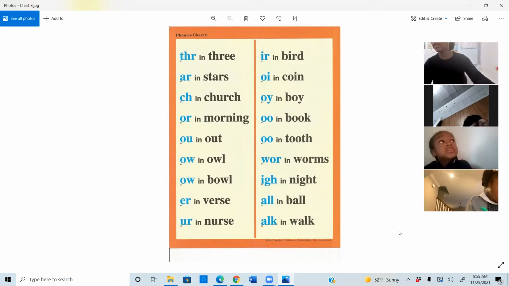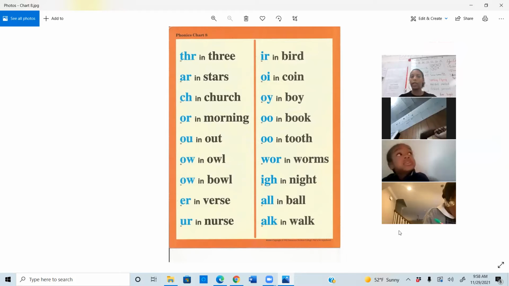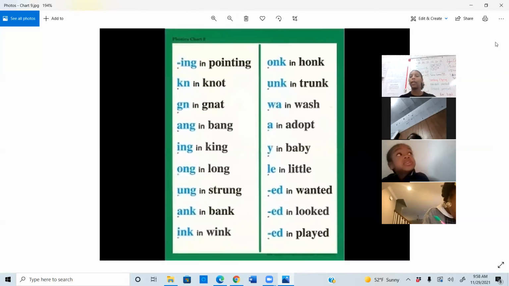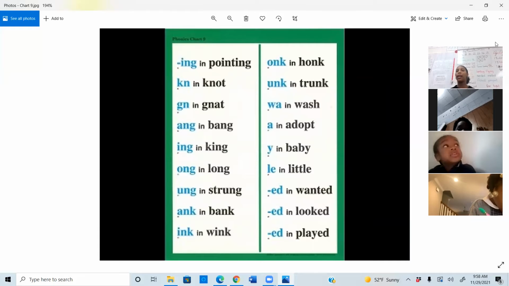All right, let's go over chart 9. All right, chart 9. ING says ing, and pointing. KN says n, not. GN says n, and gnat.